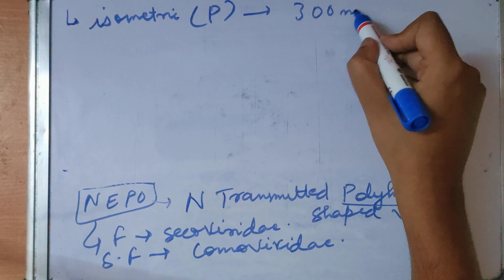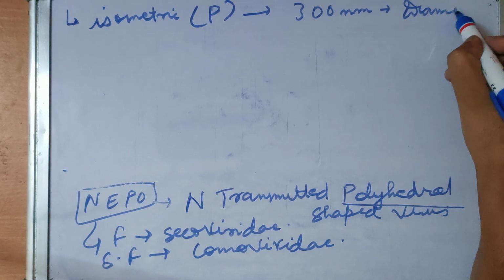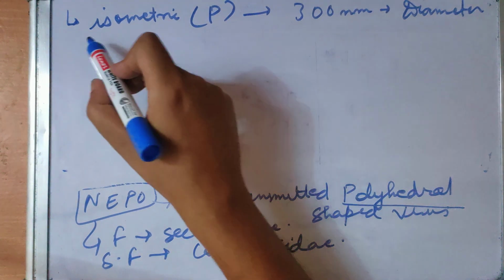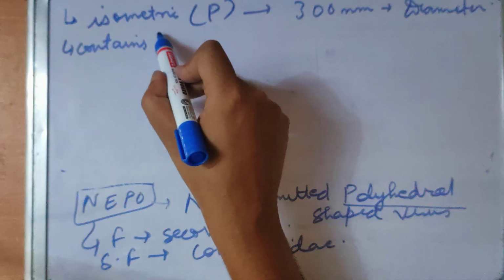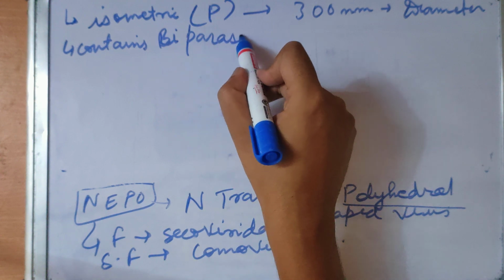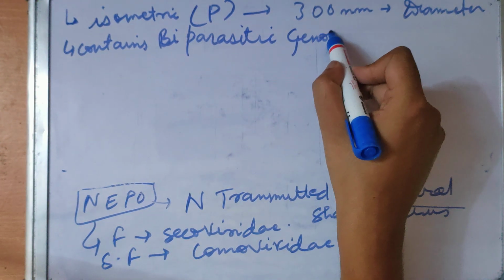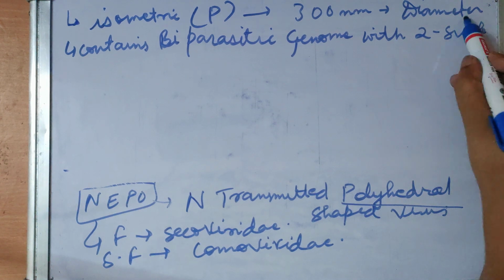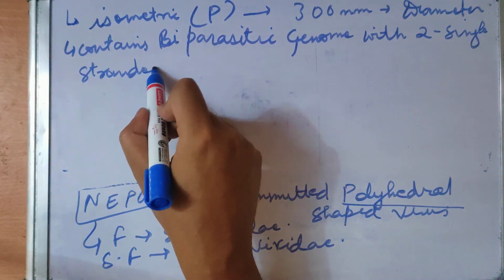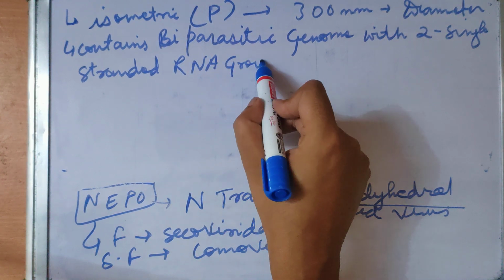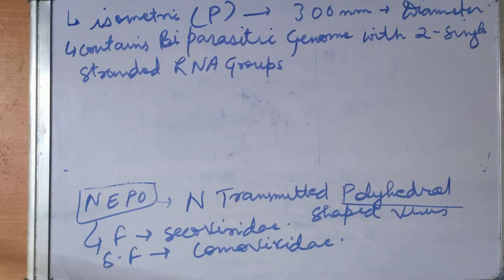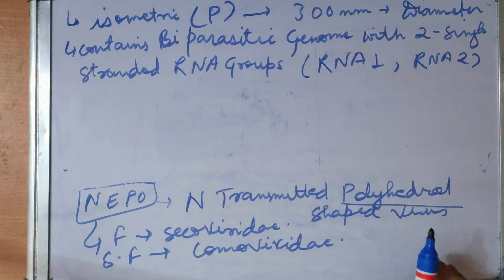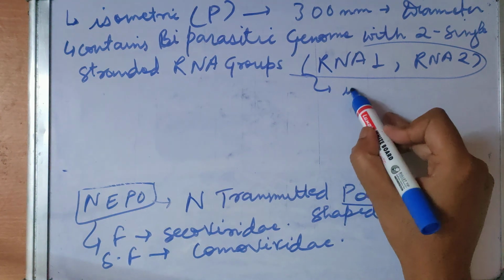The genome is bipartite, with two single-stranded RNAs, RNA1 and RNA2, both needed for infection.